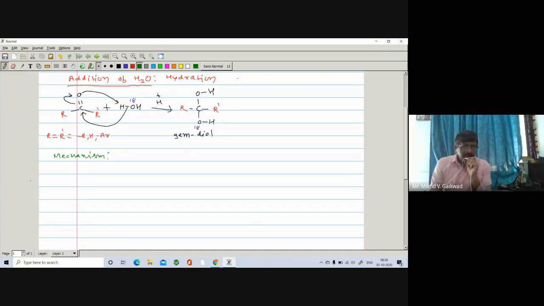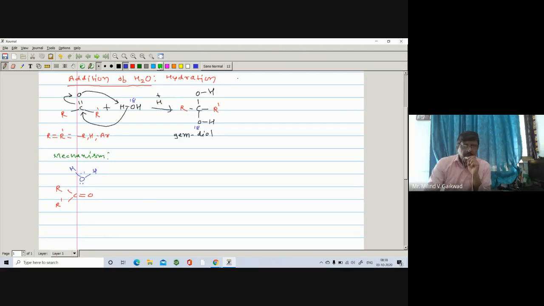So here, if you take this carbonyl carbon, C double bond O, and here are R and R dash, there is an attack of water. So you add water. Here is O, here is H, and here is the H. It has two lone pairs.